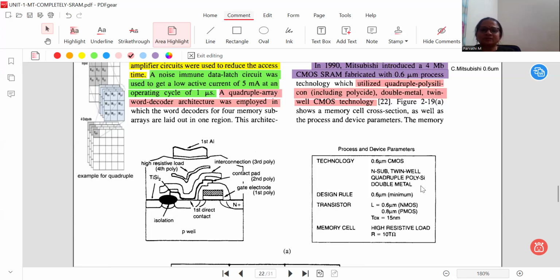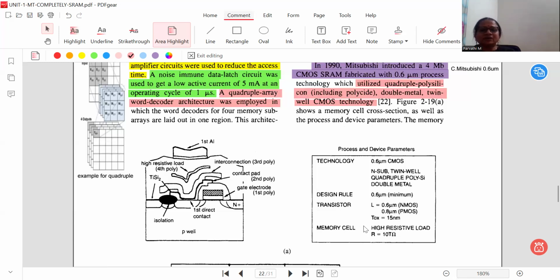This is the entire process, the way to represent a process synthesis. The design rules used for this construction are 0.6 micron meter. The transistor size is 0.6 to 0.8 micron meter: NMOS has 0.6 micron meter, PMOS has 0.8 micron meter.